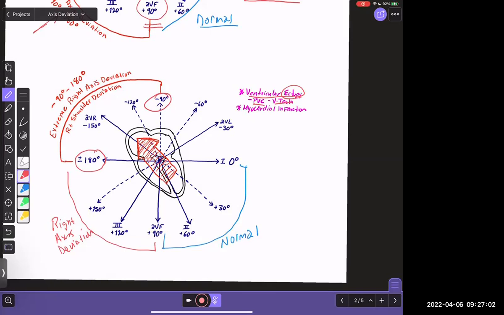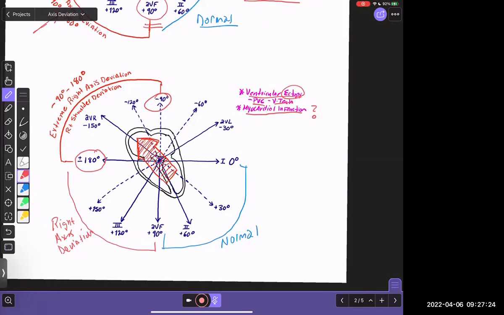PVCs, VTach, right axis deviation, and myocardial infarction. So why would you see an extreme right axis deviation in myocardial infarction? Is it because of the ST elevation? No.